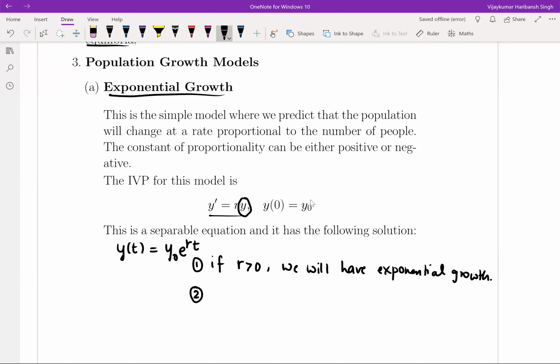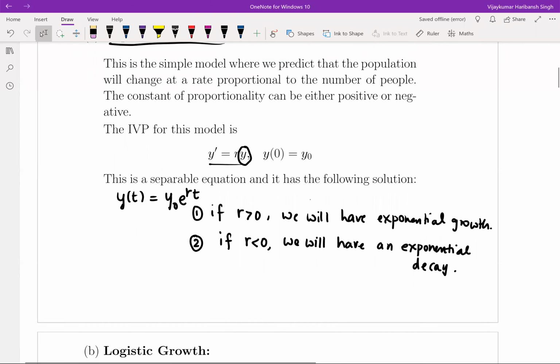Second, if r is less than 0, we will have an exponential decrease in the population, or we'll call it exponential decay. Recall this differential equation was used also in radioactivity.